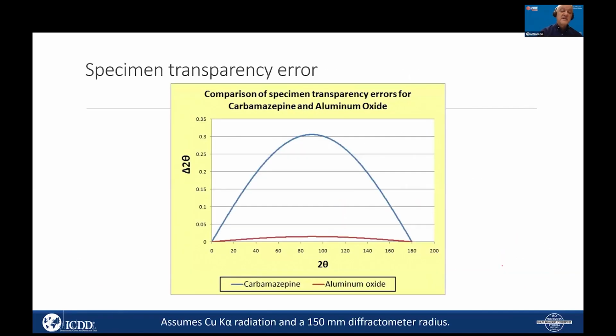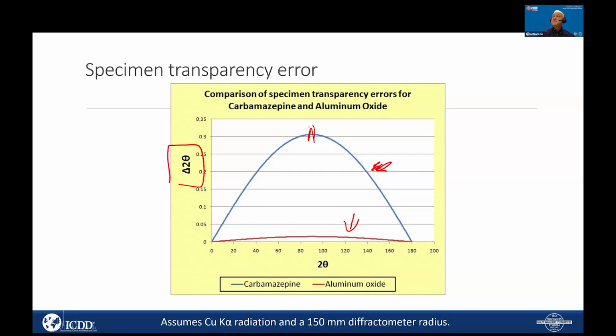If you just look at a basic calculation comparing carbamazepine, which is a pharmaceutical material, to aluminum oxide, you'll see that the delta 2 theta value is rather large for the carbamazepine. And you'll notice that this error increases until you get to about 90 degrees 2 theta, and then the error will decrease as you go to a higher angle.